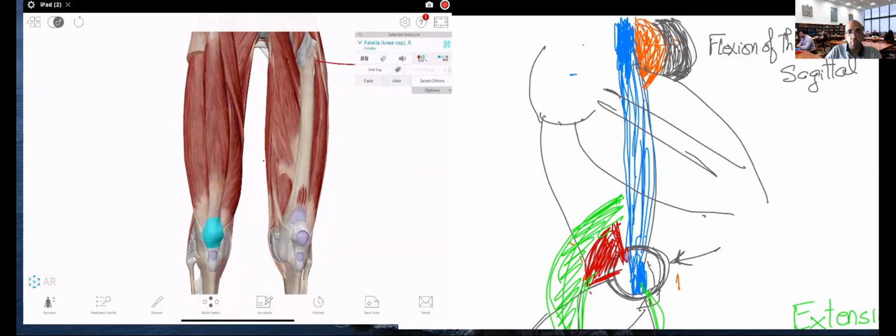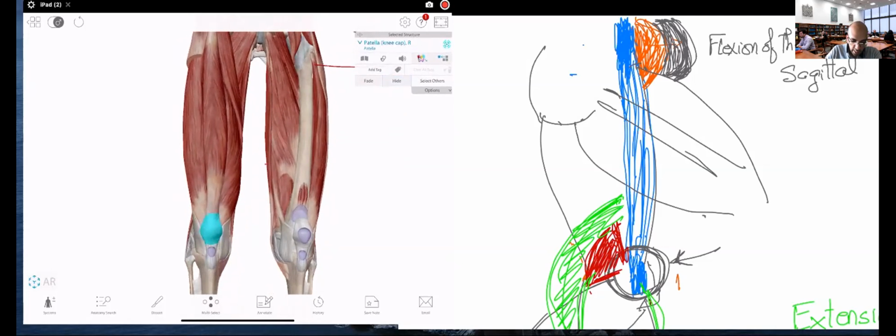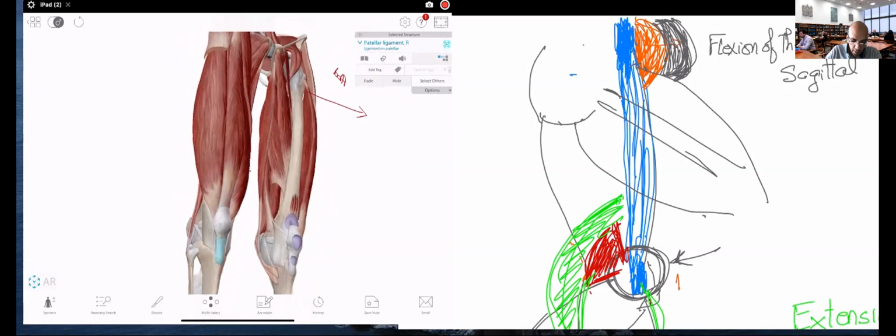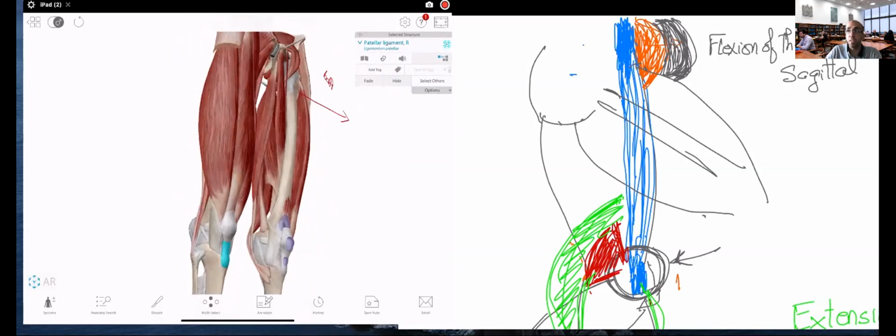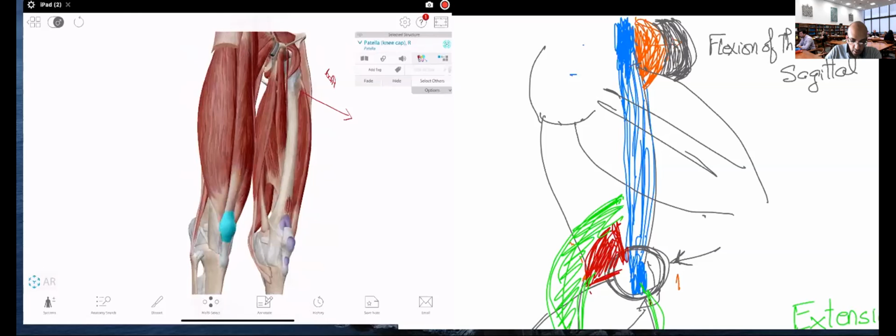We call this my quadriceps tendon. As a continuation of the tendon, as it travels surrounding the patella, it is inserted in the tibial tuberosity. The continuation of the tendon from the patella to the tibial tuberosity is what we call the patellar ligament.